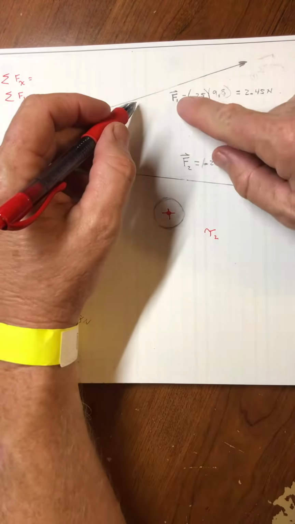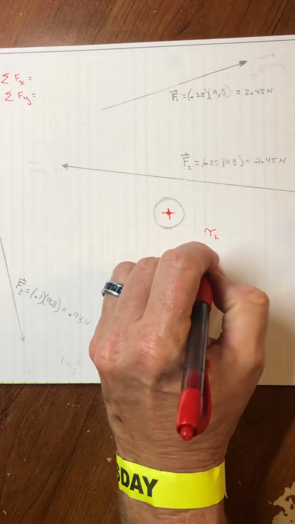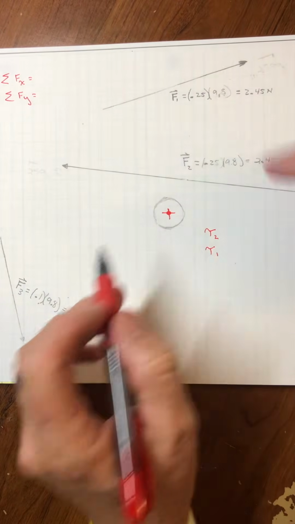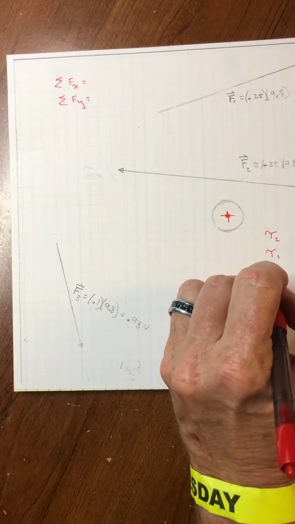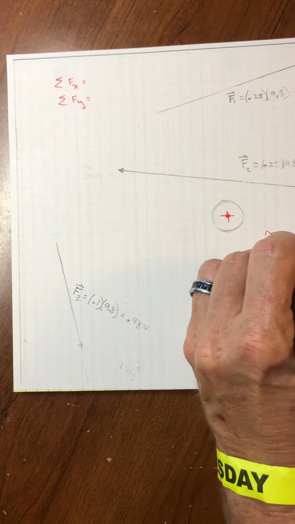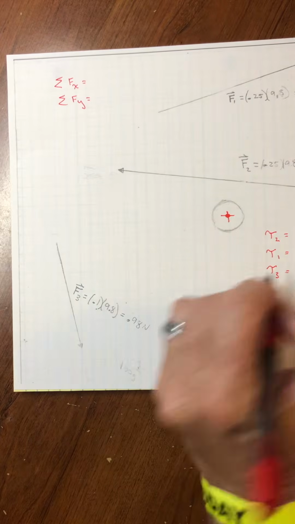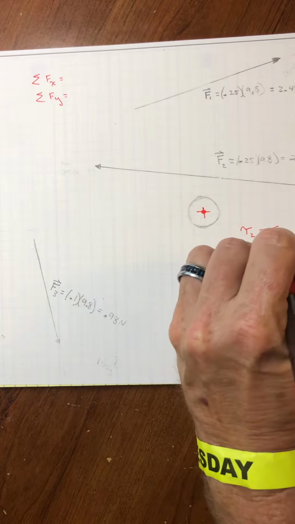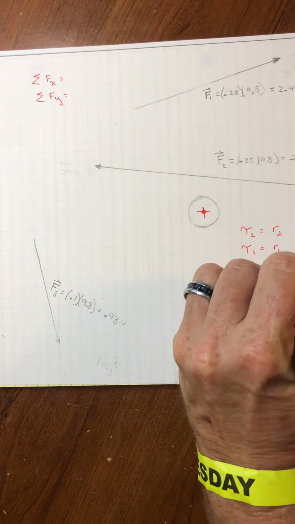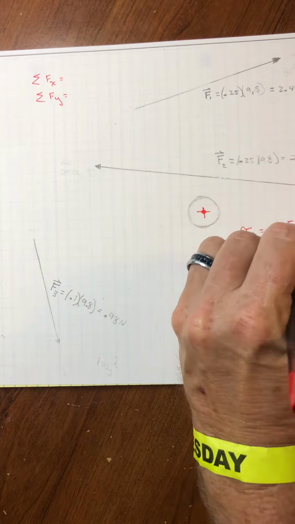And then a torque from number 1. So this is torque from number 1. And then this over here is torque from number 3.